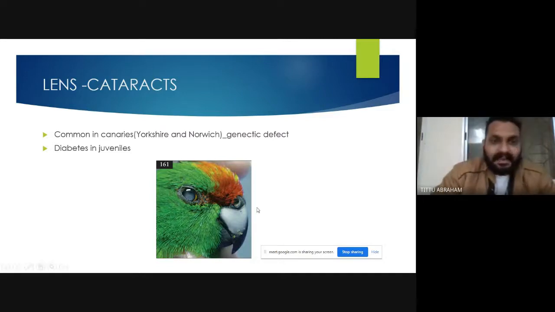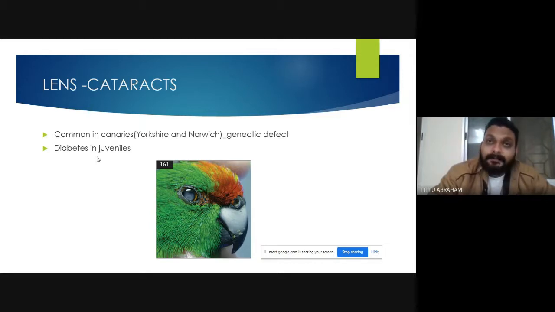Next one is the cataract. Nowadays it is becoming very common, especially in young ones that are being hand fed. You can see the cataract because of the opacity of the lens. In canaries it is a genetic defect, but in juveniles, what I find is that some people give bakery items and sweet items that can cause diabetes in small ones, especially in macaws.